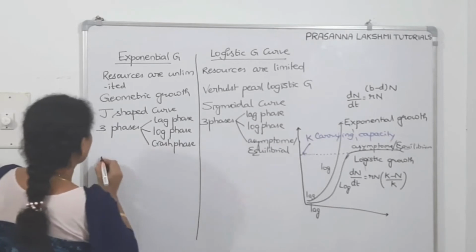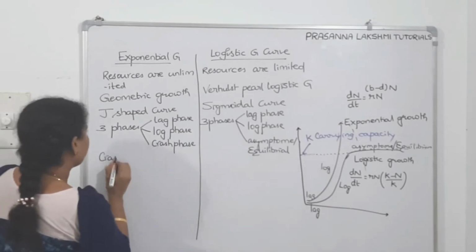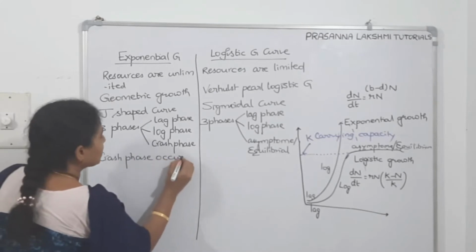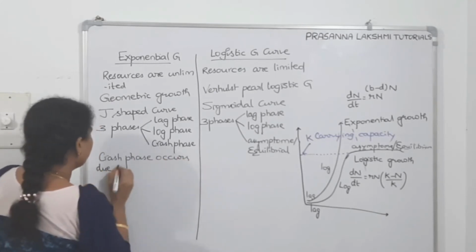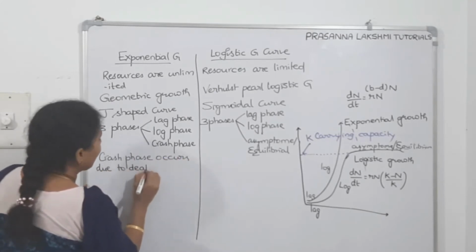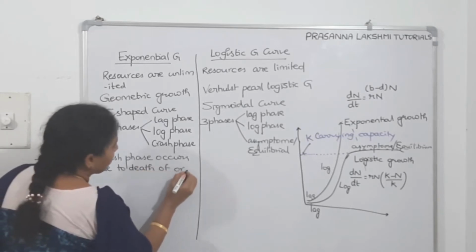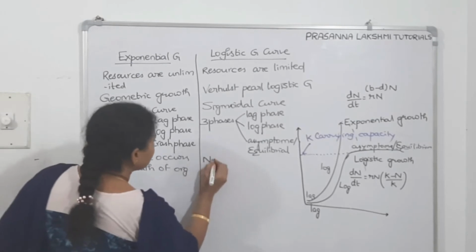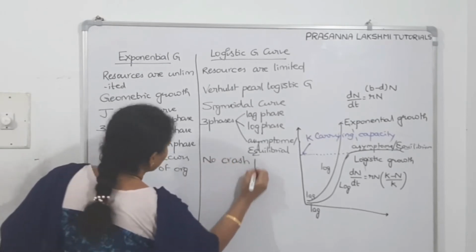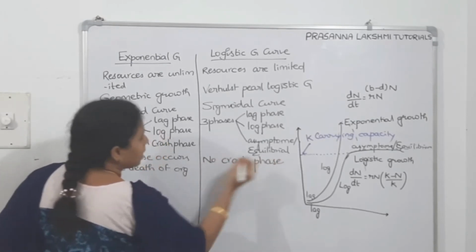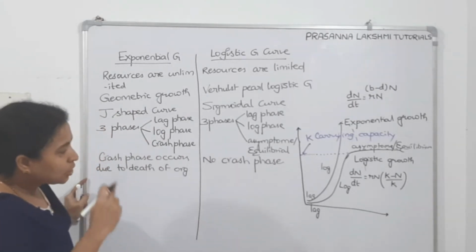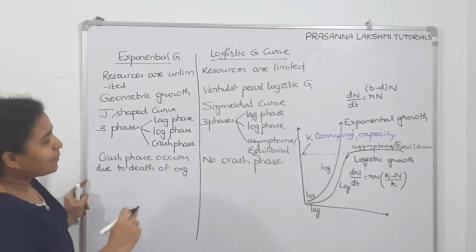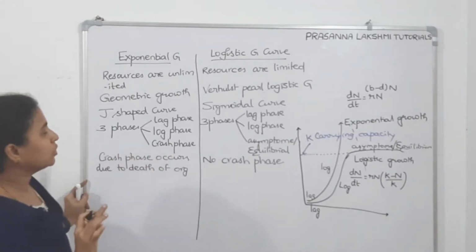Now here you can tell that the crash phase occurs due to death of organisms. But here there is no crash phase, right? Here in exponential, the log phase is rapid, but it's not that rapid in this logistic growth curve.